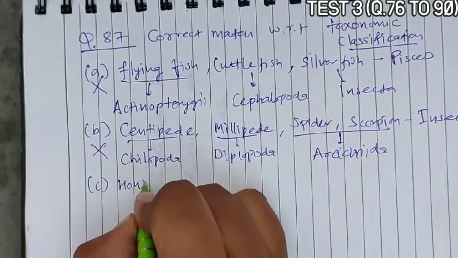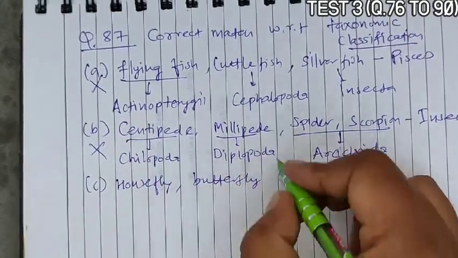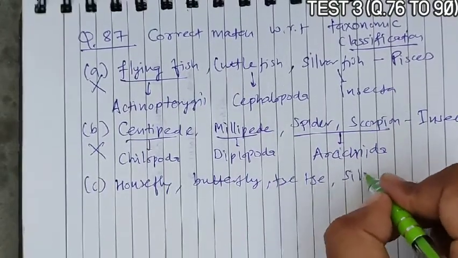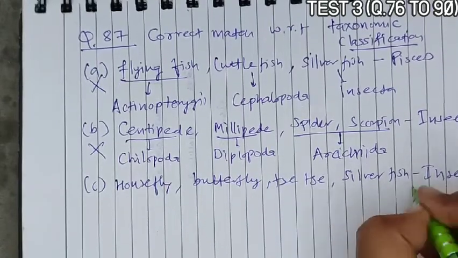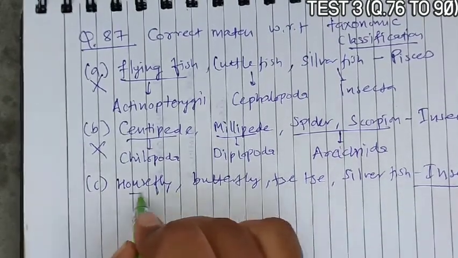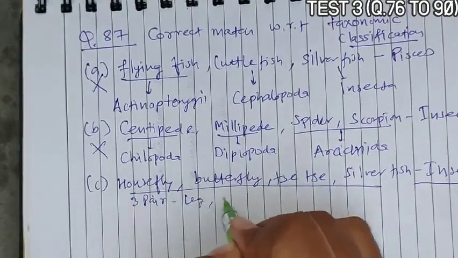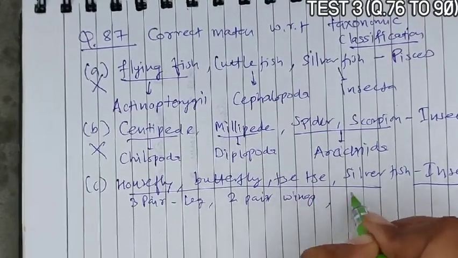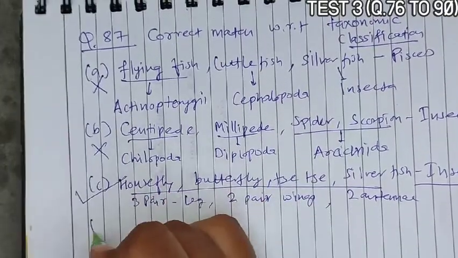Option C, housefly, butterfly, sawfly and silverfish, they belong to Insecta. Correct. These all belong to Insecta because they all have 3 pairs of legs, 2 pairs of wings and 2 antennae. So C is the correct answer.